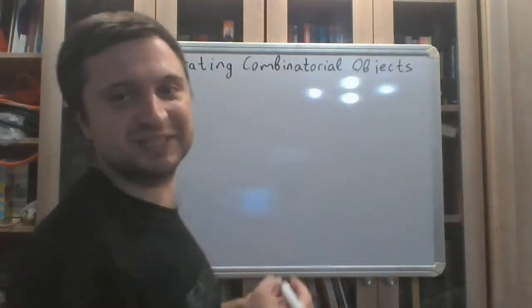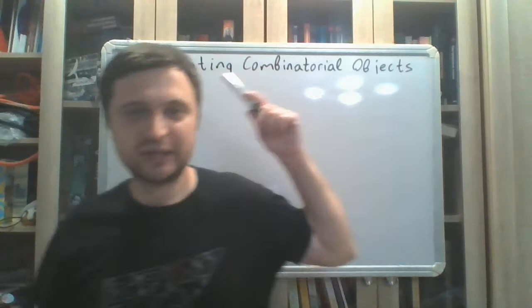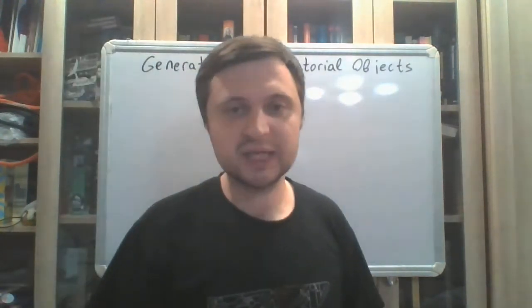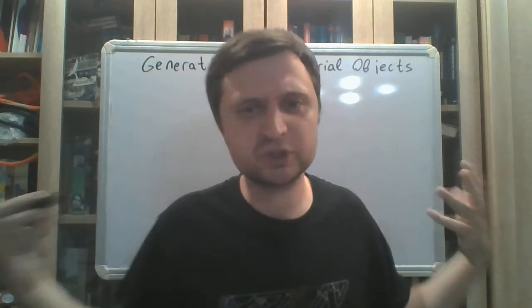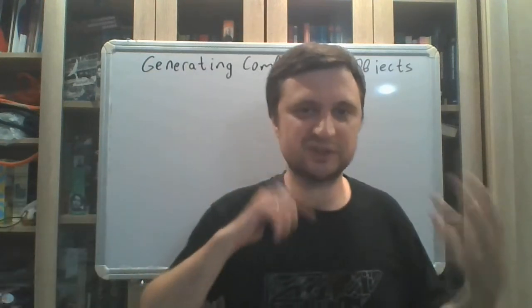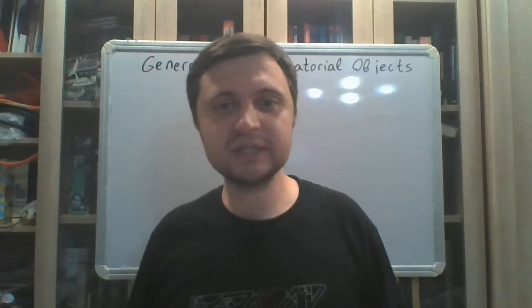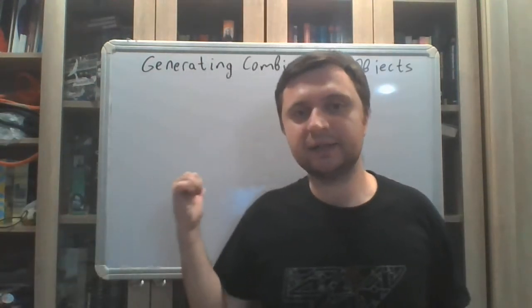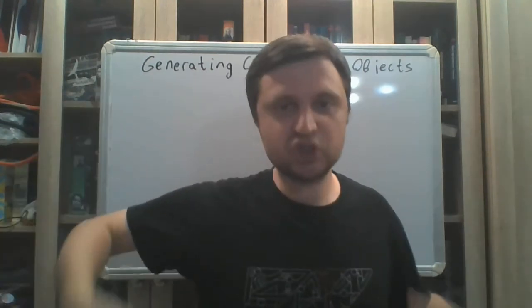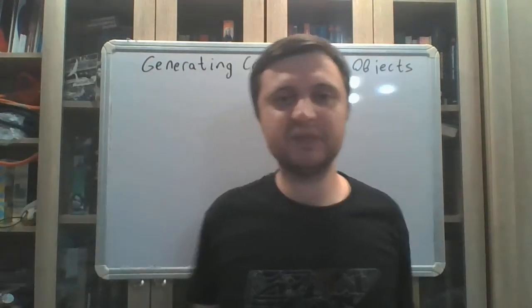So actually, this is the name of the subtopic, generating combinatorial objects, and I will try to teach you in Python. It will not be pseudocode, it will be almost exactly Python code that will be as general as I can, to let you generate very different combinatorial objects.